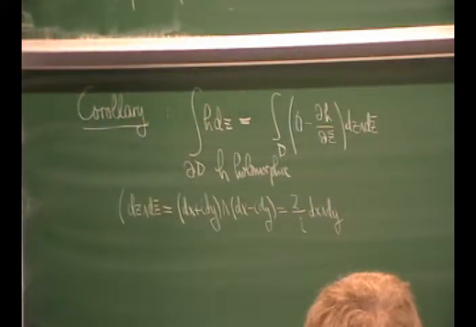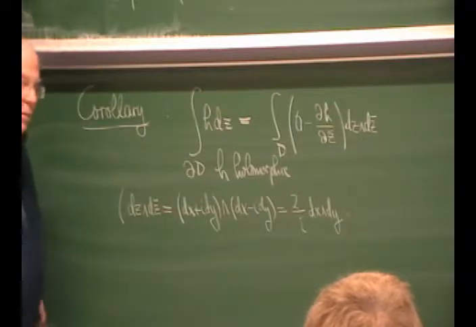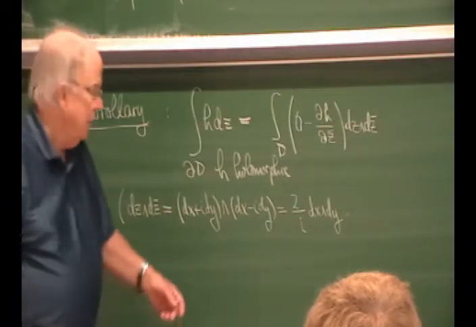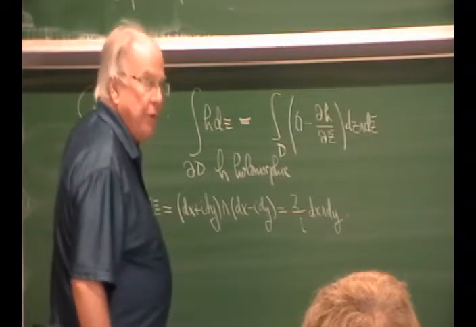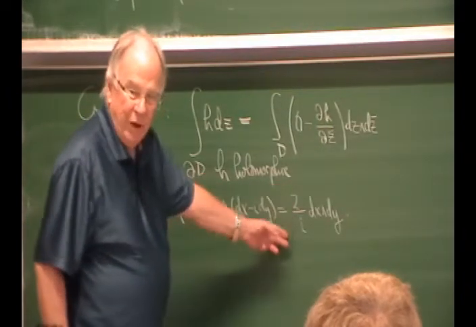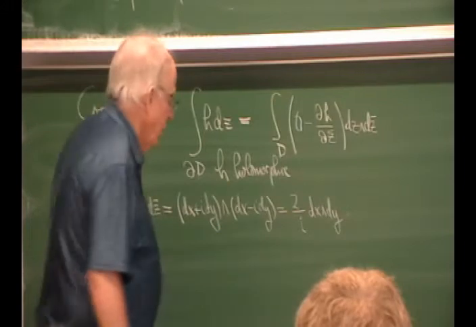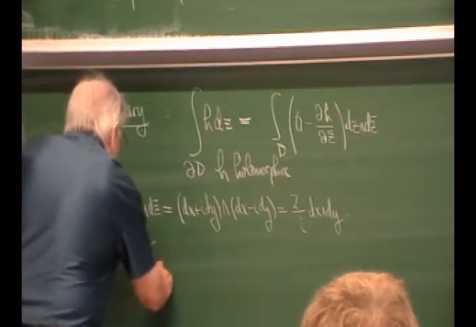and this 2 over i appears every place in geometry because, you see, this thing really is not real. So it's 2 over i times dx dy. So quite often we scale to make this thing real.